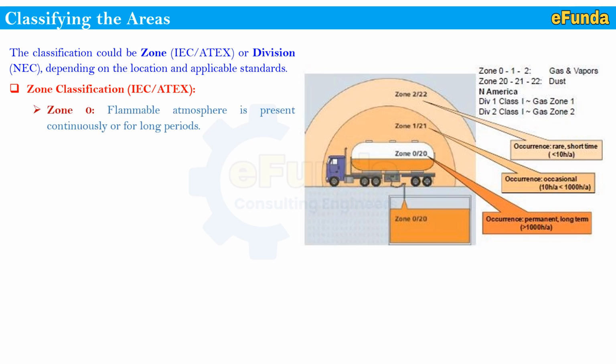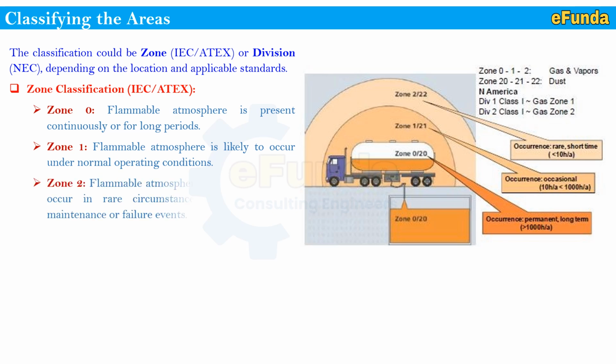Zone 0, flammable atmosphere is present continuously or for a long period. Zone 1, flammable atmosphere is likely to occur under normal operating conditions. Zone 2, flammable atmosphere is unlikely but may occur in rare circumstances such as during maintenance or failure events.